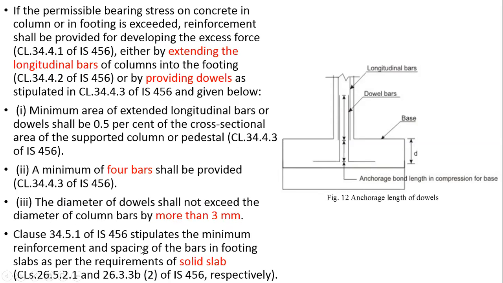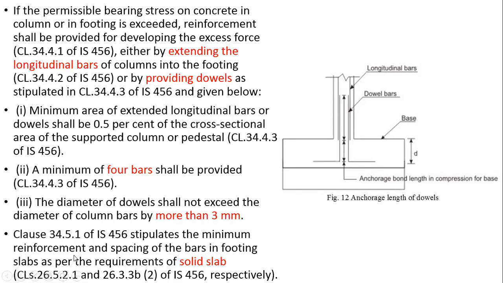Now, in the last, for this clause, the IS code stipulates that the minimum reinforcement and spacing of bars in the footing slab should be as per the requirement of a solid slab. Whatever the criteria for minimum reinforcement for slabs, like one-way and two-way slabs, the minimum requirement is 0.12% of the cross-sectional area, as well as the spacing of the bars.